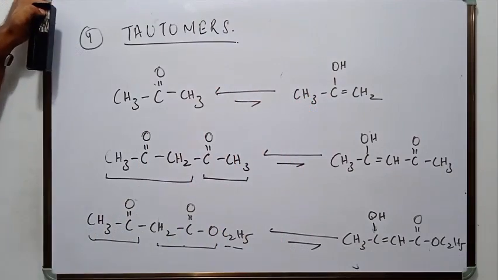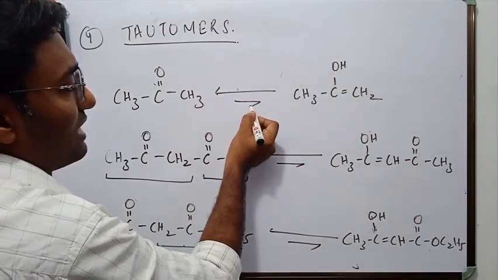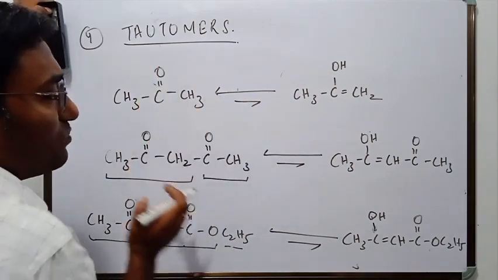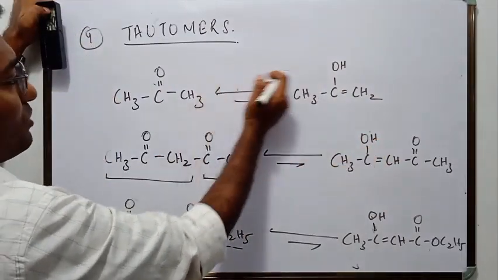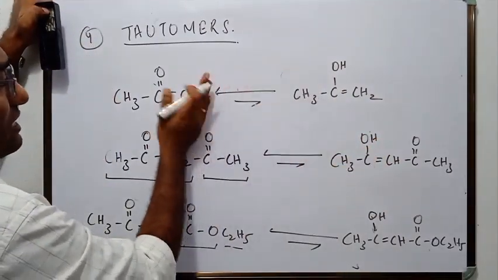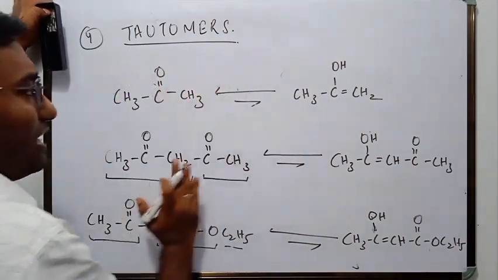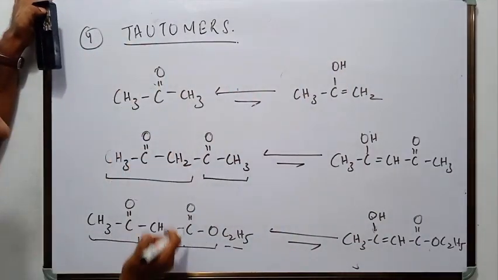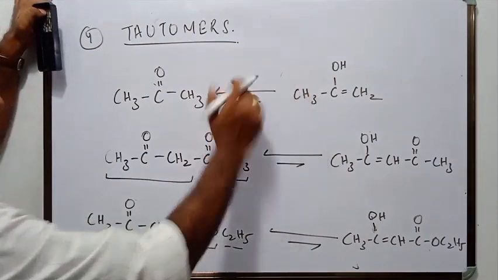You may be wondering why this arrow is longer and why this arrow is shorter. This is because the keto side is more stable than the enol form. Therefore, the equilibrium will always be towards the keto side. That is, at a given time, more keto will be there and less enol, because the keto product is thermodynamically much more stable, and that is why the arrow is longer towards the keto side.